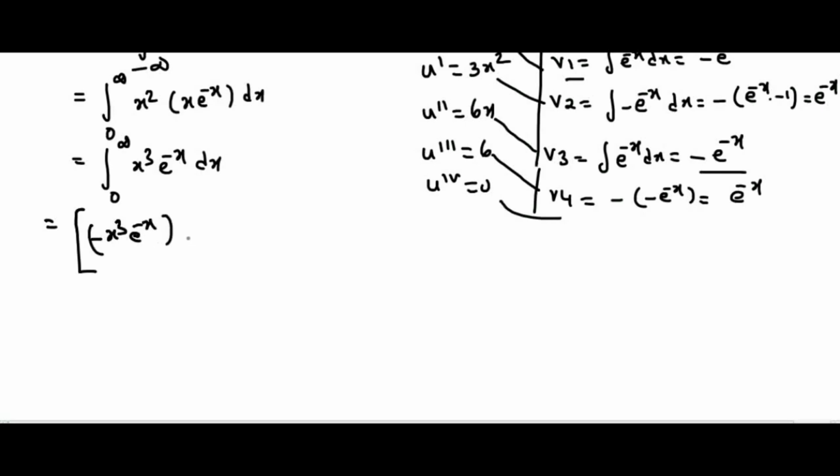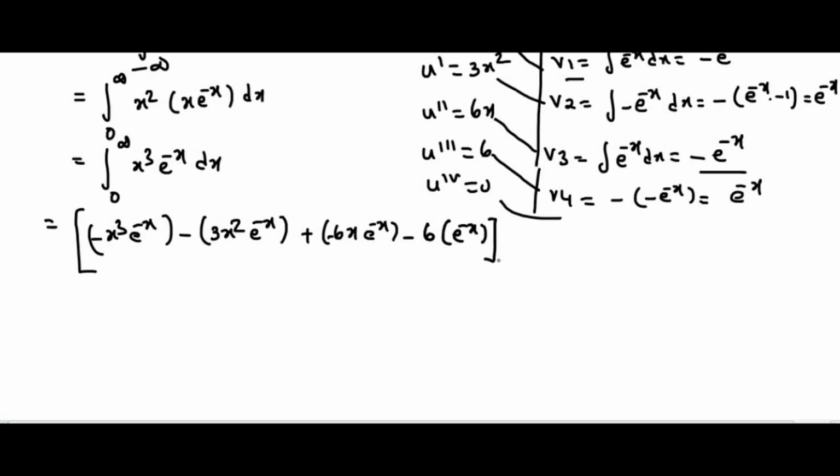This is the first term. Formula minus: u dash value is 3x square into e power minus x, plus u double dash, 6x into minus e power minus x, plus formula minus. Next one is minus 6 into e power minus x.